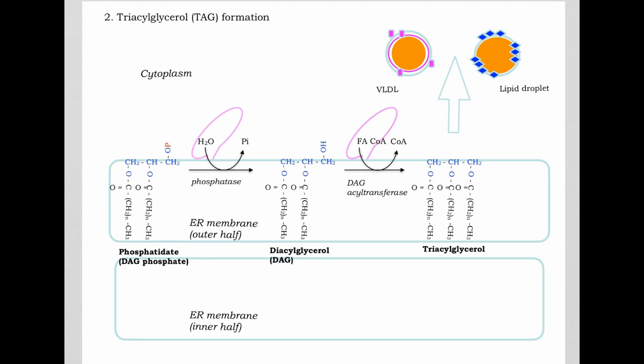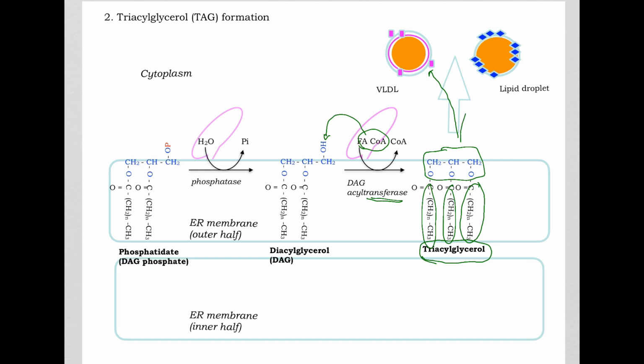In the last step, another transferase enzyme will transfer a third fatty acid to this hydroxyl group at this carbon. So 1 fatty acid, 2 fatty acids, 3 fatty acids attached to the glycerol part, and that gives us a triglyceride or triacylglycerol. And as we mentioned earlier, this triacylglycerol, in the case of the liver cell, will be exported as VLDL. In the case of adipocytes, it will be stored as lipid droplets.